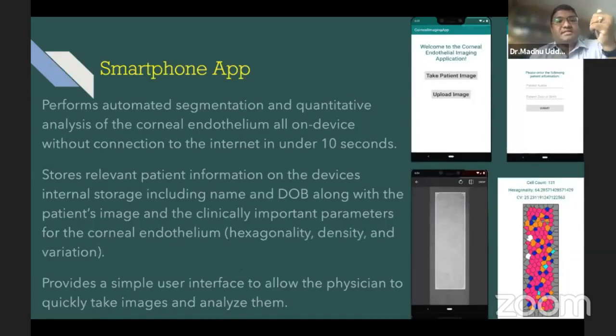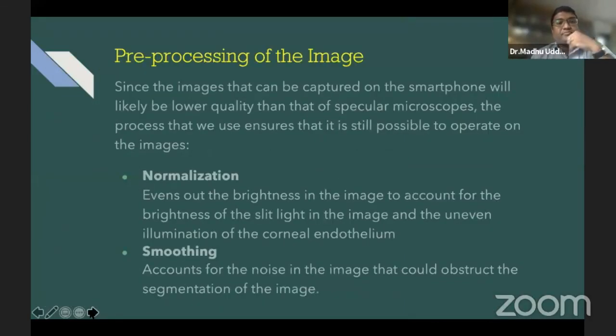So once the image is captured, we have developed a smartphone app for this. Once the image is developed, automatically it becomes segmented like this based on the hexagonality into color-coded scores. Once that is done, the patient details are also taken, and immediately within 10 seconds, the process of normalization and smoothing.